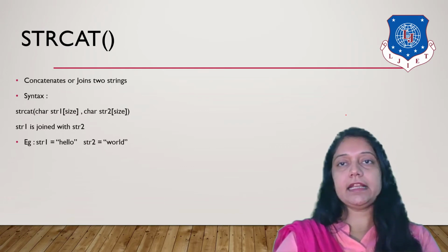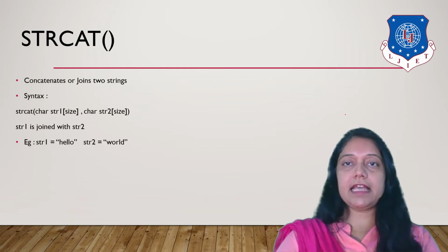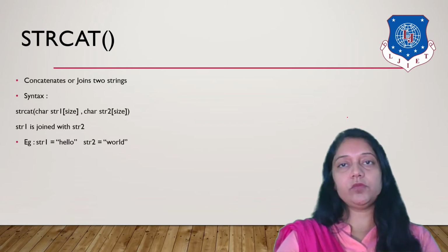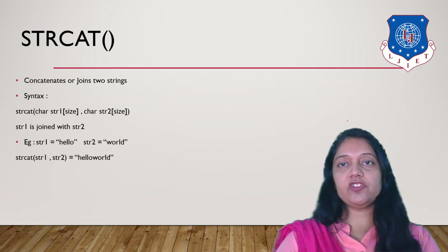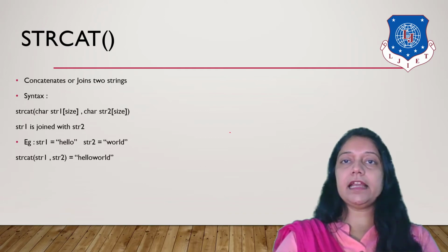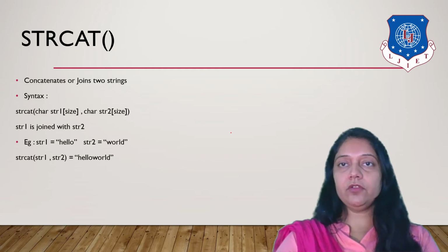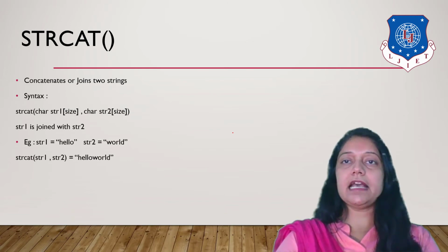Let's understand this with an example. I have str1 as hello and I have str2 as world. I have two strings and I want to join them into one word. So what we will do is use the strcat function, strcat(str1, str2). The output I'll get is, in string 1 I have hello, and at the end of string 1 the value of string 2 would be attached. So world is attached, and the final output is hello world.